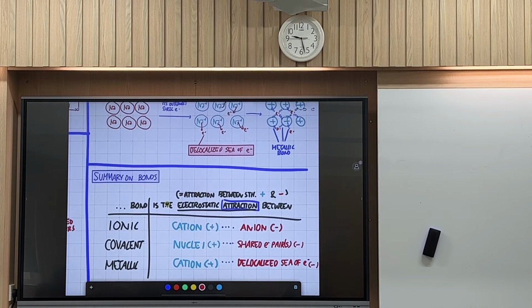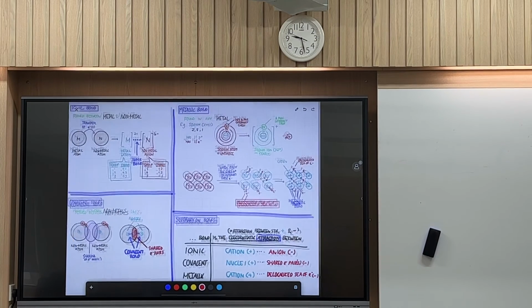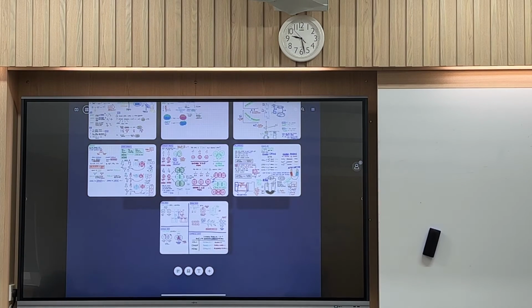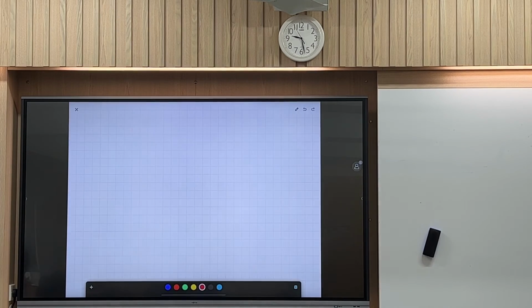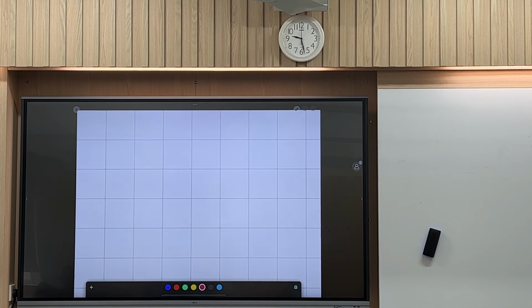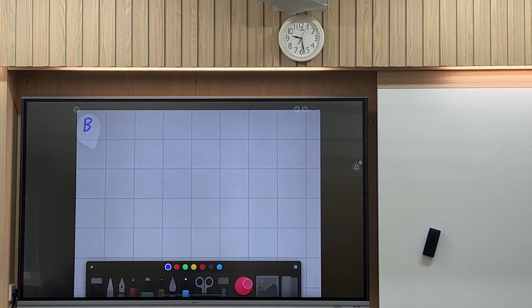We have discussed three types of bonds now. Now let's move on, the next part is the structure. What are ionic compounds and covalent compounds made of? So we have bonding and structure, to create a new title.